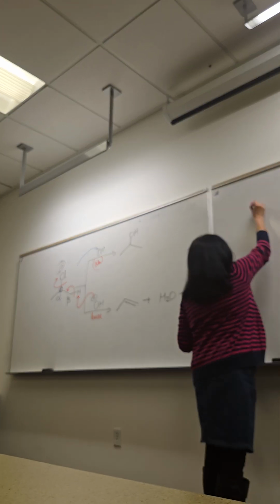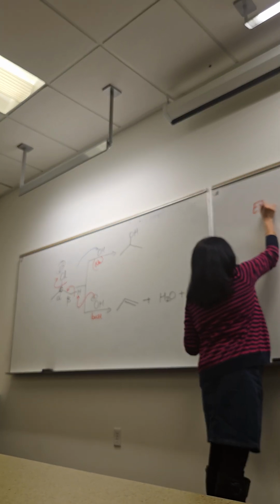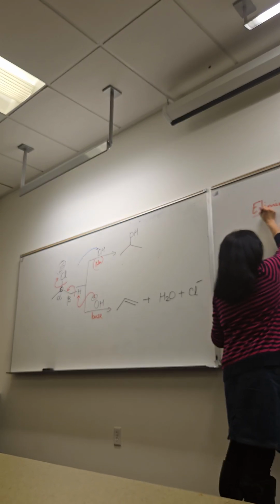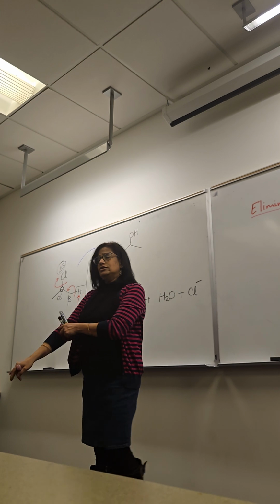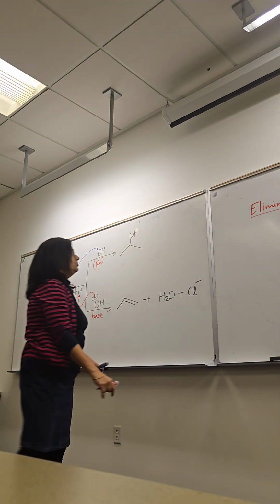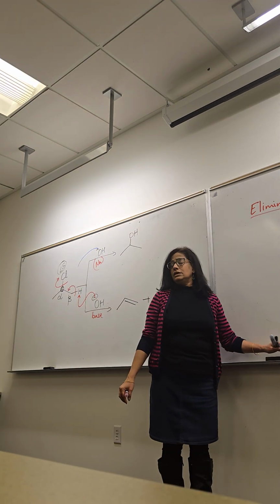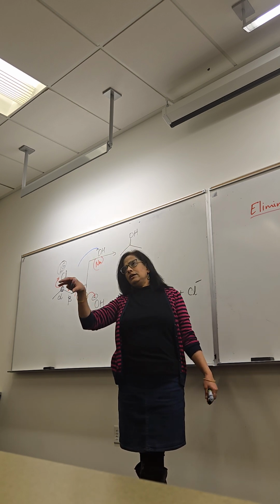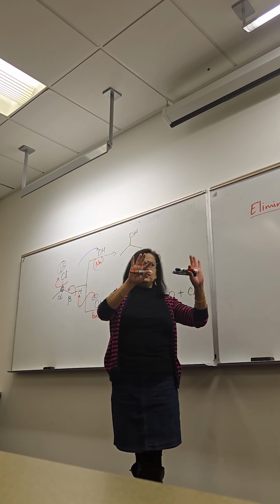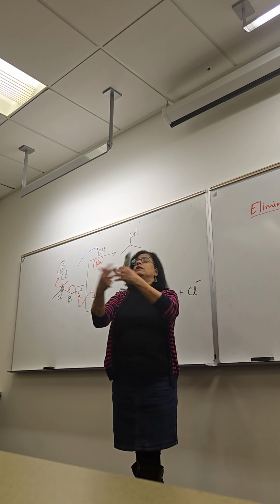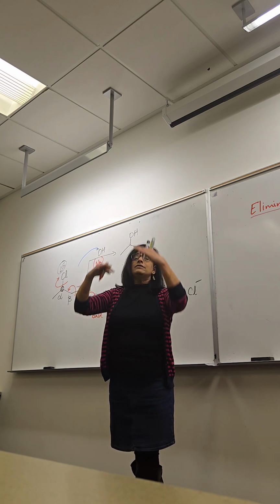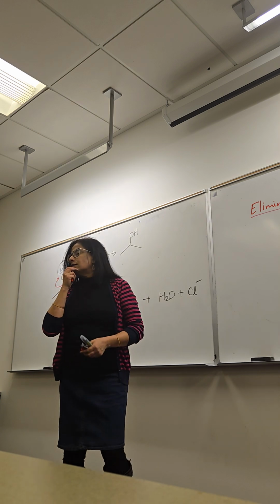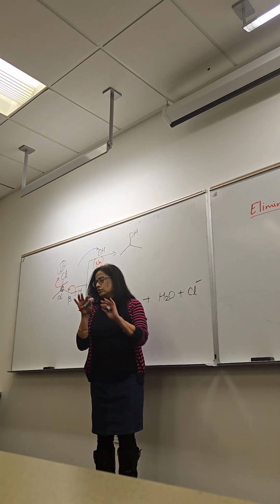Let's first just look at elimination reactions. And just like substitution has two mechanisms, SN1 and SN2, elimination also has two mechanisms, E1 and E2. I'm going to do E2 first, then E1, and once we've looked at both of them, we put all four together and compare how you predict the major product or minor products and so on.